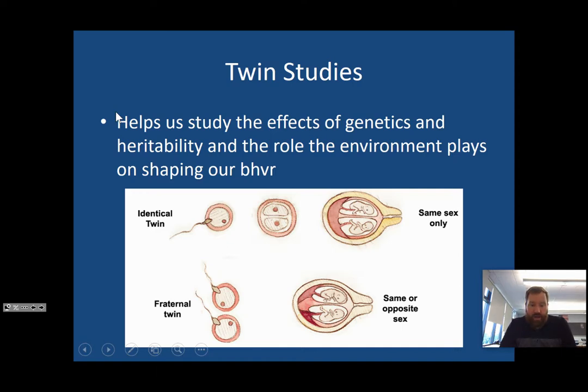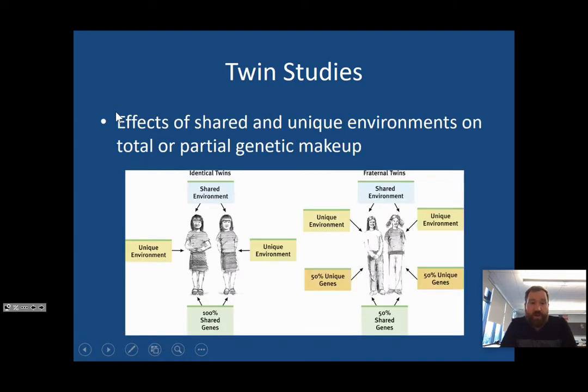But from psych's perspective, from a genetics perspective, the identical twins are much more interesting because they are genetically identical. So if you have situations where identical twins were raised in separate environments, say, put up for adoption, and one twin went to one family and one twin went to another, you can then study those differences that have occurred and say, you know what, that's probably related to the environment.